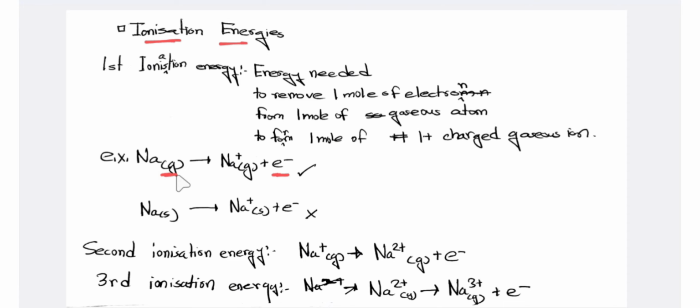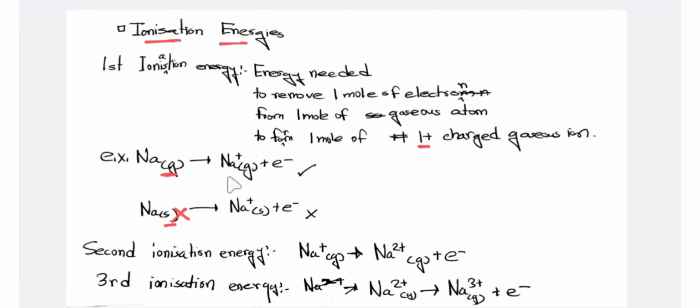The atom must be in gaseous state and not in the solid or liquid state. This forms 1 mole of gaseous 1+ charge ions.